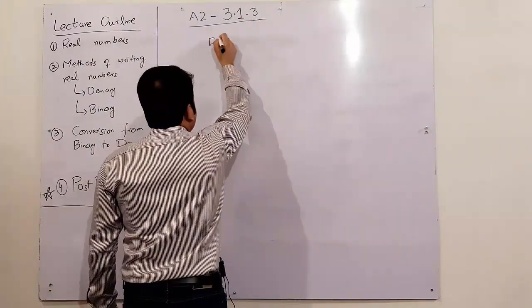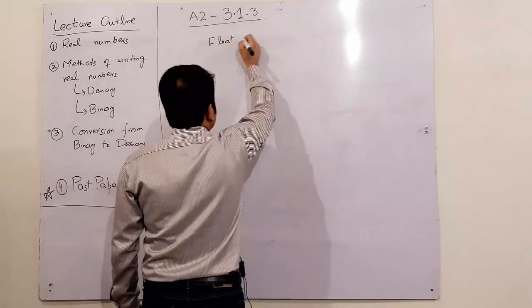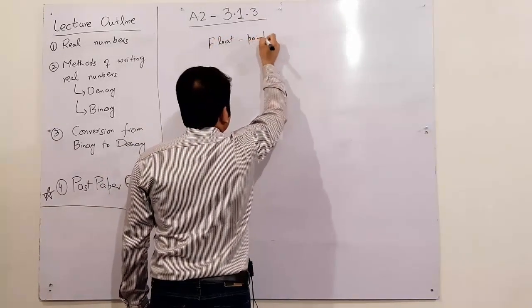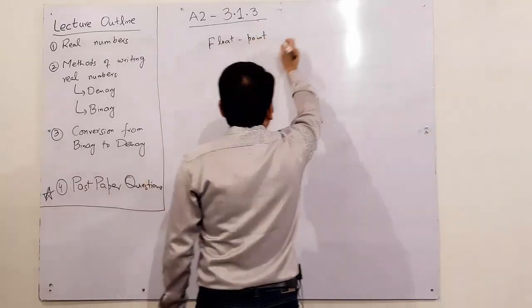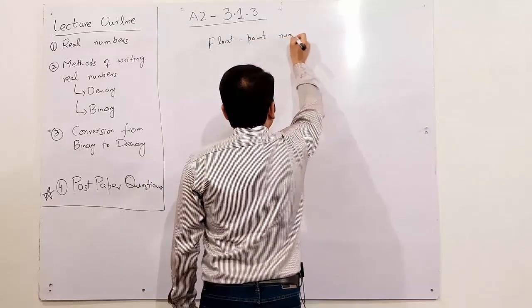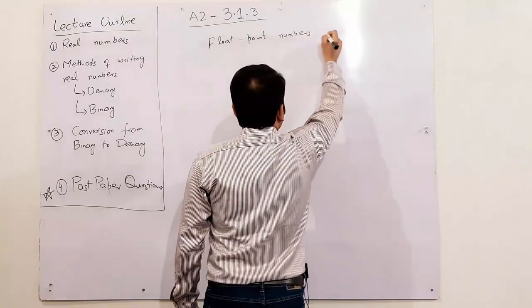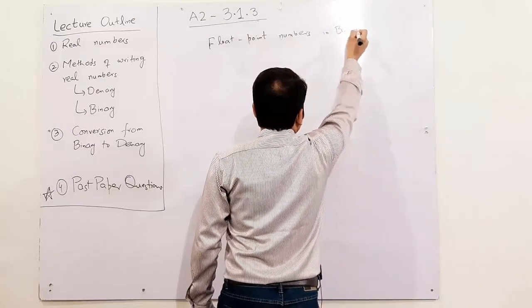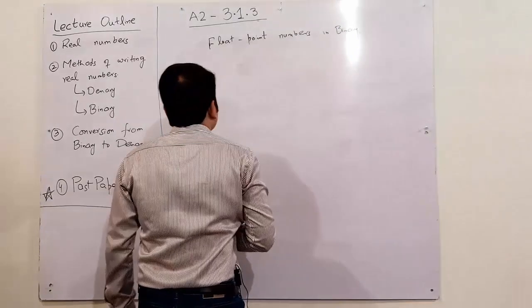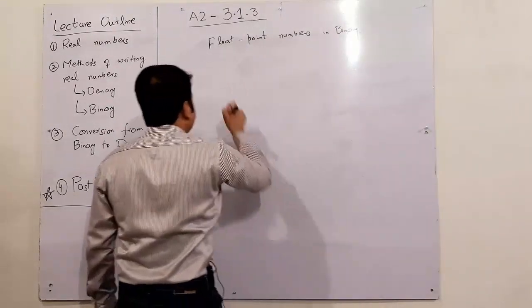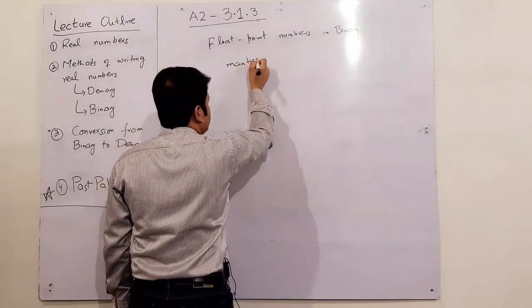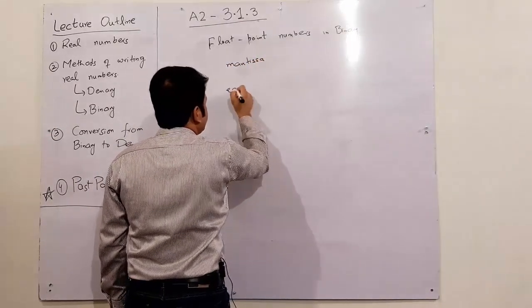So now we'll carry on our discussion to the binary section and how we can represent floating point numbers in binary. It works in a similar manner. We have Mantissa here, we have exponent here.